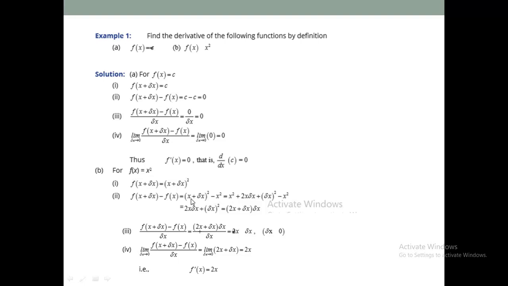Using a plus b whole square, a square, b square, and 2ab, we simplify and take delta x common, and we divide by delta x on both sides. On the right hand side we get 2x plus delta x, and then taking the limit, the left hand side approaches f dash of x, and on the right hand side delta x is equal to 0, so it becomes 2x.